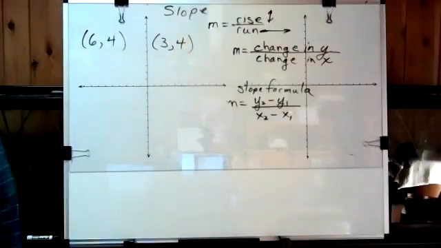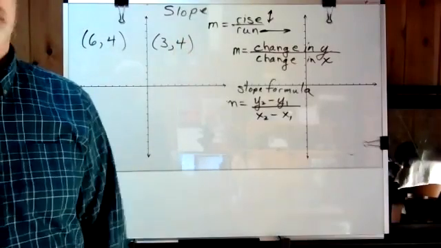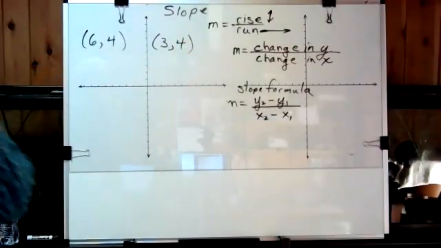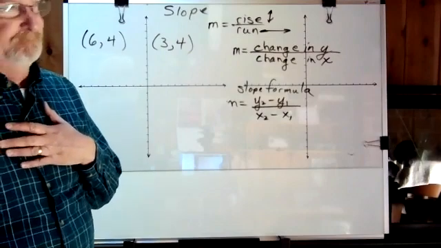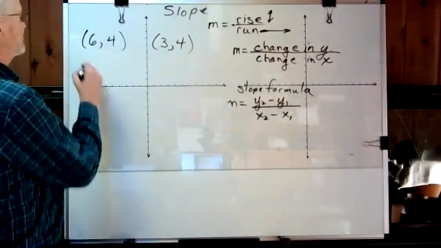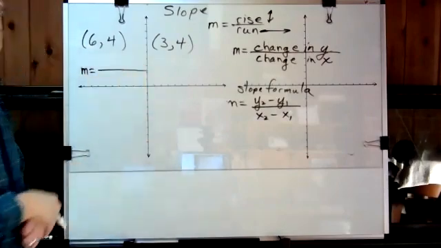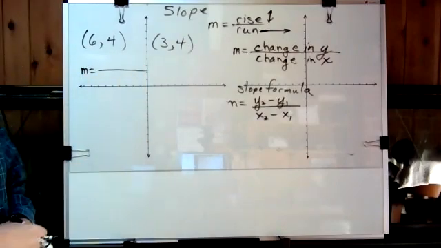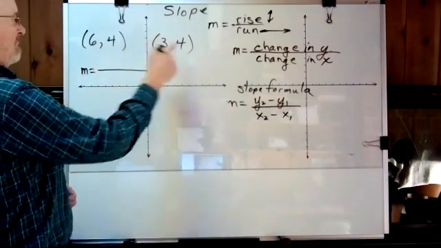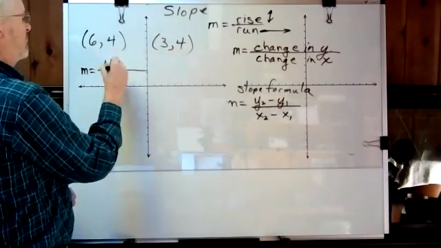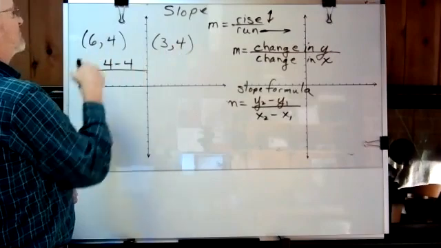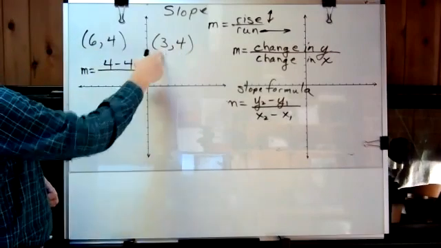How about this one? 2 points. See something special in those 2 points? Change in y, 4 minus 4. Change in x, 6 minus 3.